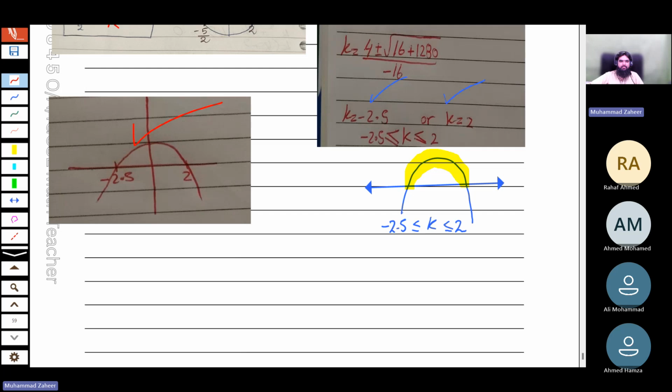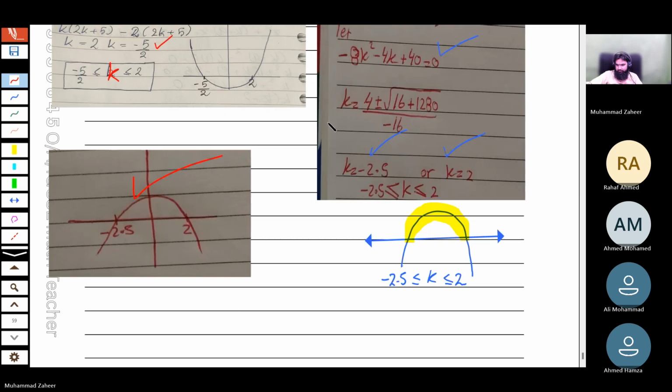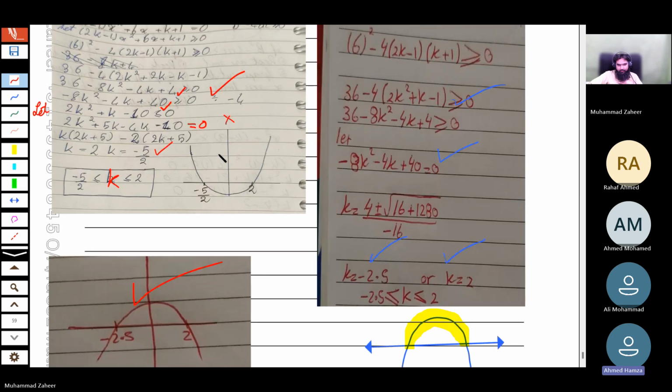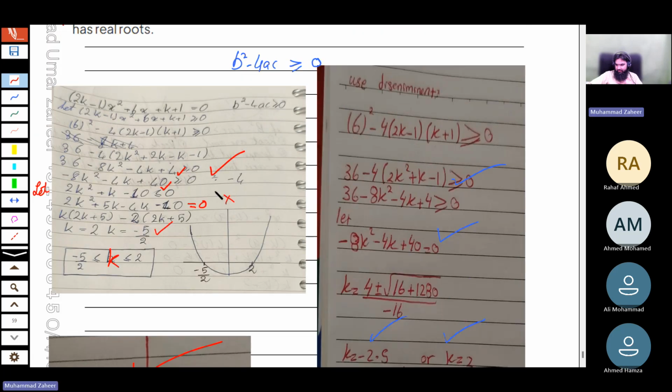Yes, Rahaf, Ahmed, Hamza, send it. Yes, I sent it to you, my picture. Yes, it's the first one. I have checked it. This is yours, right? Yes, this.